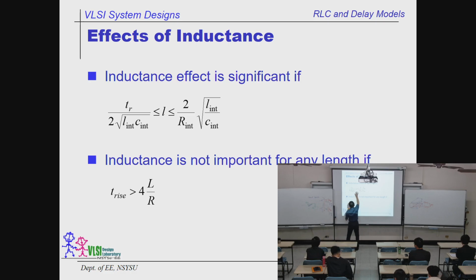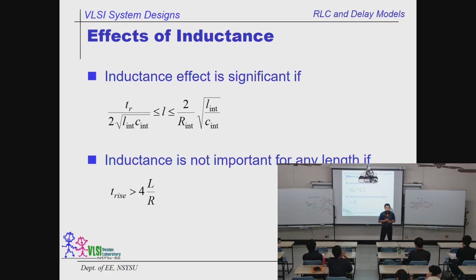L is the inductance. Remember this one: inductor is not important for any length if the rise time is long enough. Then we don't care. This is inductance, and this is resistance, 4 times A over R.